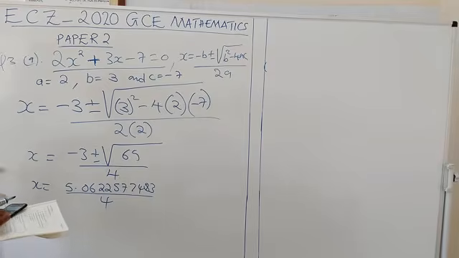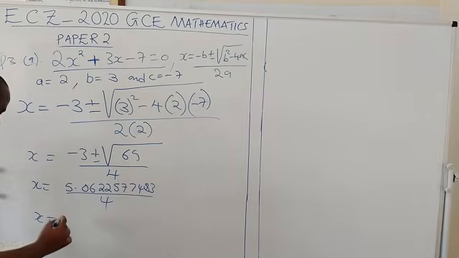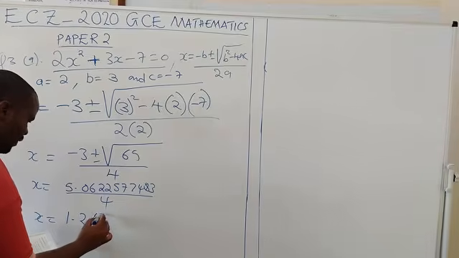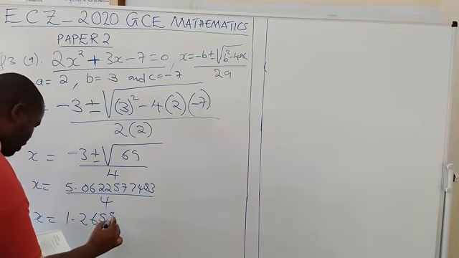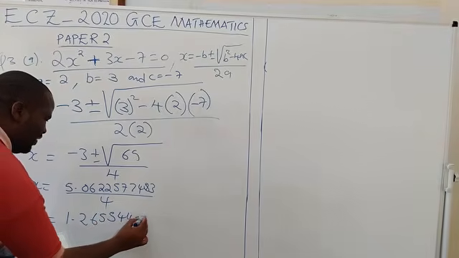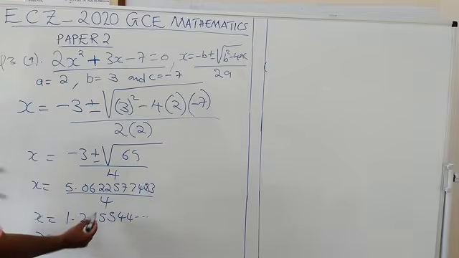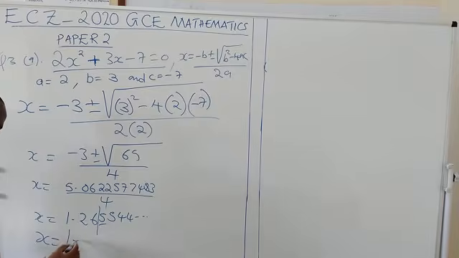You have got 1.26554. There are some more numbers, you can write all of them. Then we round off to two decimal places. Say 1, 2, you cut here and consider this one as 1. 1 plus 6, 7. So you have got 1.27.